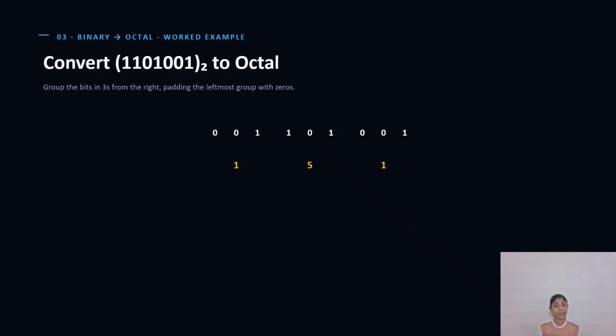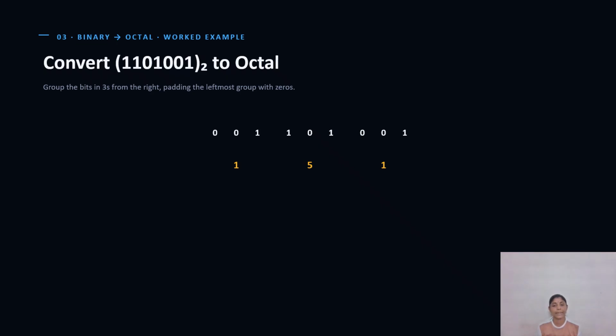I hope you remember the weight code you have to follow for octal. The weight code is 421. So check your first value, 001. In 001, 4 is 0, 2 is 0. The weight is applicable only to 1. That's why I have written 1 there.